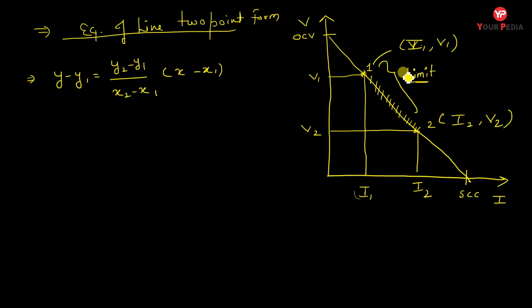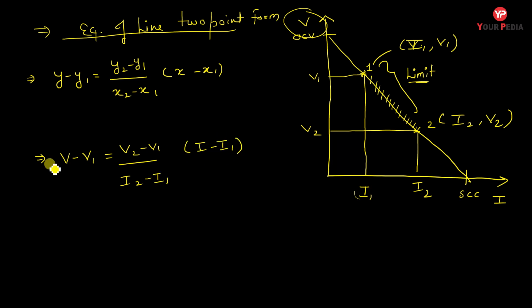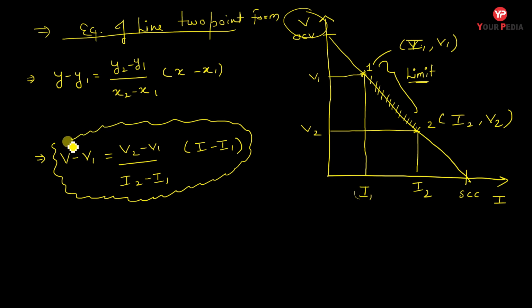So we can write the equation of the straight line in terms of voltage and current: V minus V1, because the y axis is replaced by the voltage axis, equal to V2 minus V1 divided by I2 minus I1, into I minus I1. This is another relation between voltage and current for arc welding.